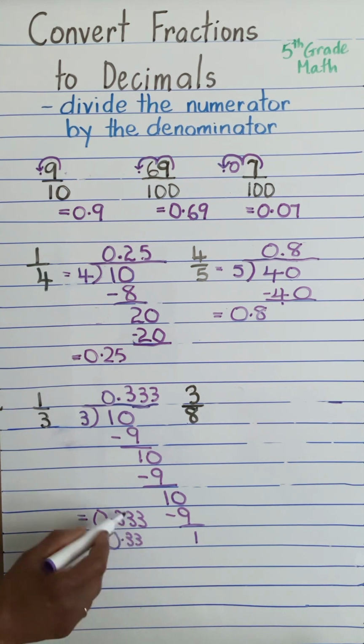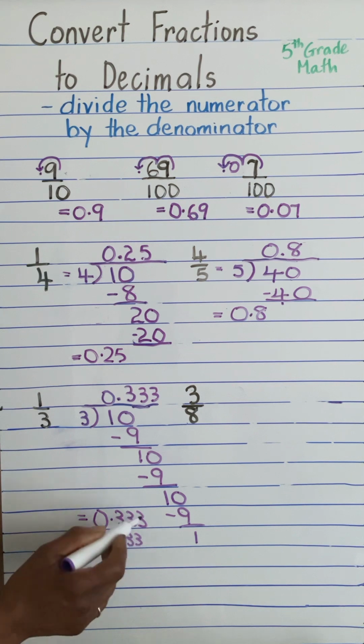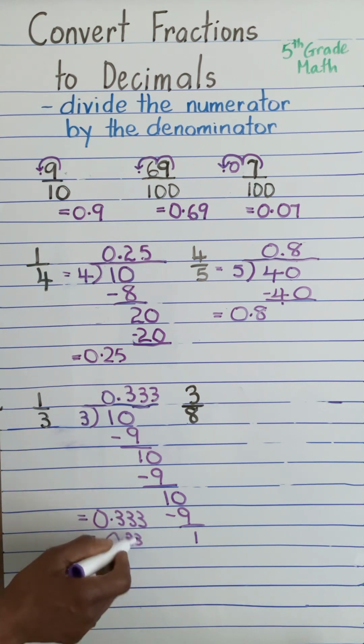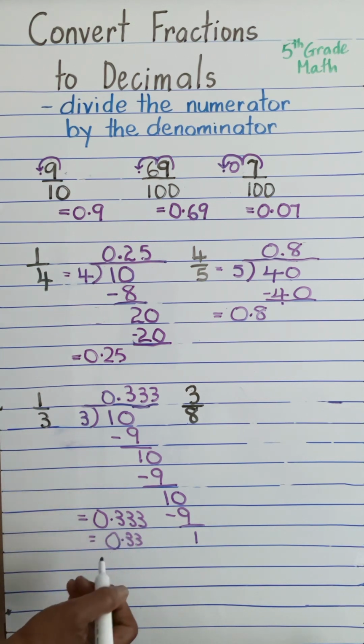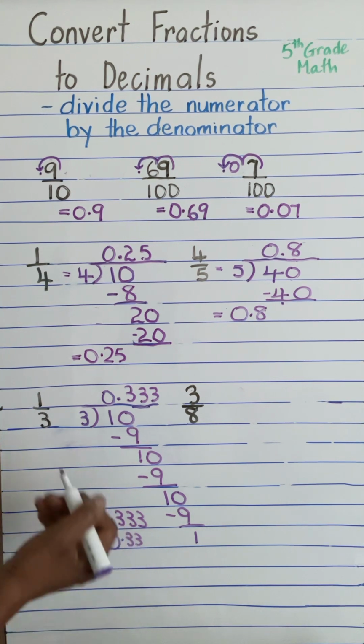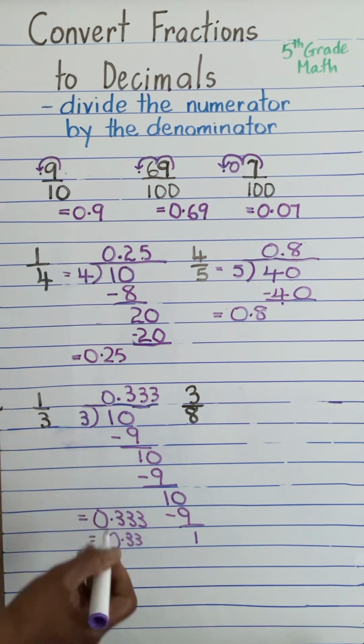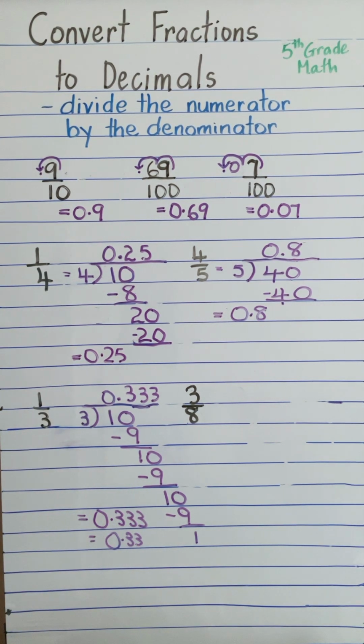If we're rounding to the nearest hundredth, we look at the thousandths digit and it's less than 5, so the rounding digit remains the same. Or you can also write that the 3 continues by putting a bar over it, but this is our answer right here.